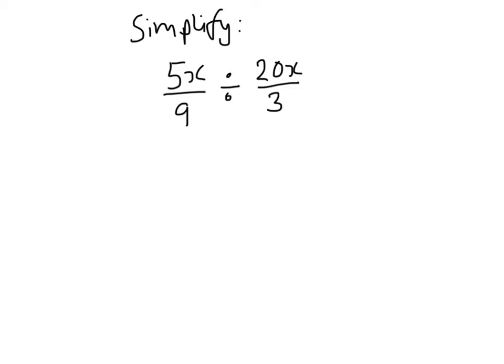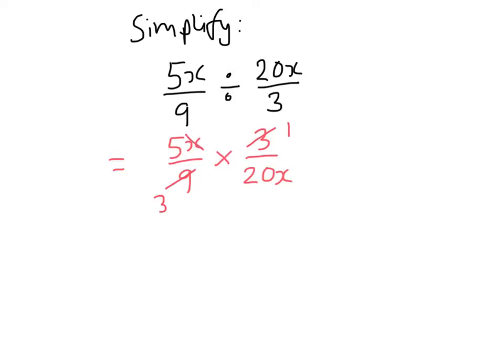Let's up the ante just one more time. We've got a slightly more complicated expression which involves dividing fractions. So dividing fractions is easy as pie, flip the second and multiply. And when we've done that, we find that we've got some nice cancelling that can be done. 3's go into 3 once, 3's go into 9 3 times.